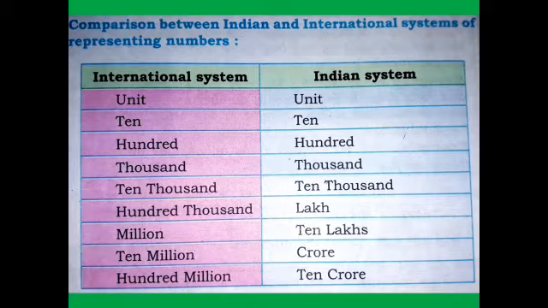International system 10 million, Indian system crore. International system 100 million, Indian system 10 crore. Billion in the international system, 100 crore in the Indian system. 10 billion in the international system, 1000 crore in the Indian system.